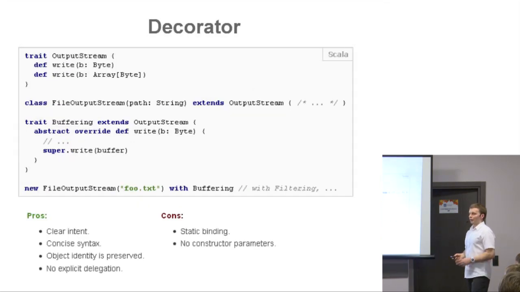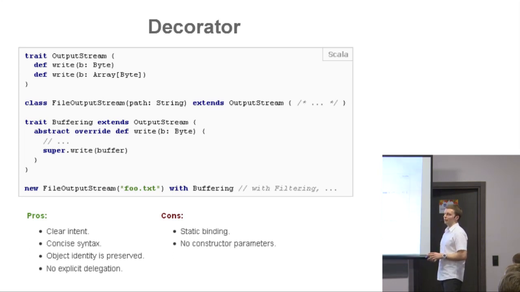Scala achieves the same goal by using traits, and traits are basically something like interfaces that can be mixed in. So we can mix in multiple traits in a single instance. And the main feature that allows us to implement the pattern is the so-called abstract override modifier.